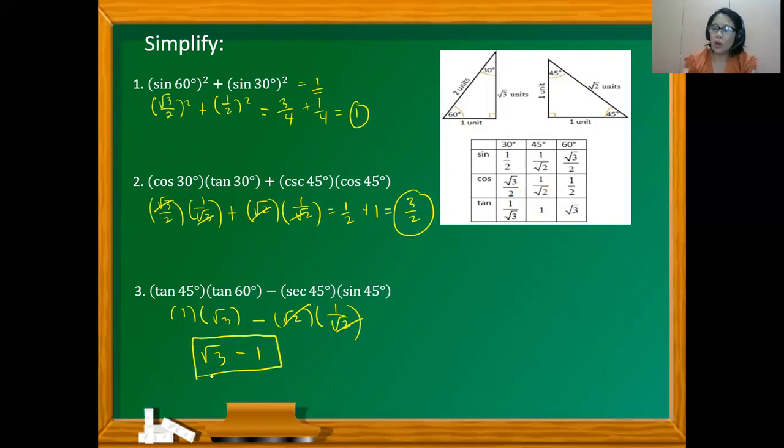Now, class, you know the trigonometric function values of special angles. It's necessary for you to be familiarized with the exact value of each of these as we go along with calculating the trigonometric function values of non-acute angles.